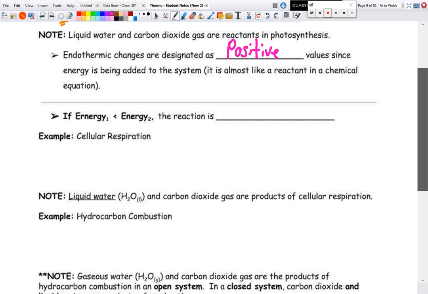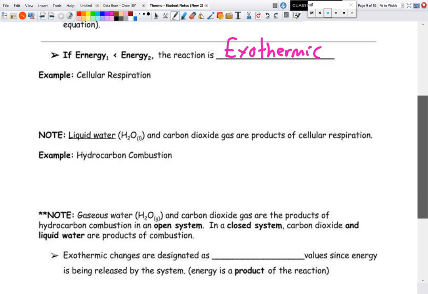Now, if we go back, remember the energy should be spelled energy. So if the energy absorbed is less than the energy released, the overall reaction is now exothermic. And the common exothermic reaction you're going to have to know is cellular respiration.